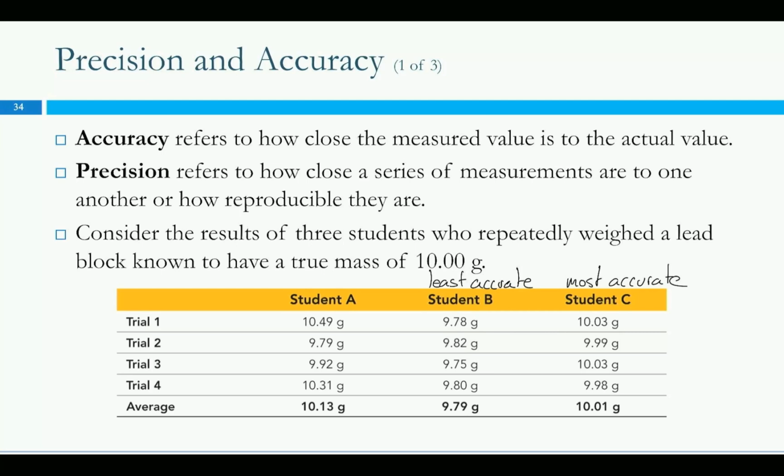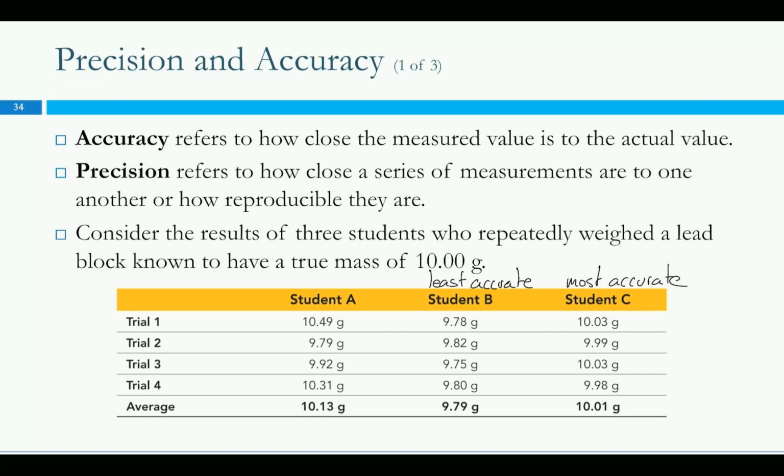Now, was student C also precise? That's how close their values are to each other. Yeah, their values are all right around 10. Student B, I think in this case, did the worst on everything.